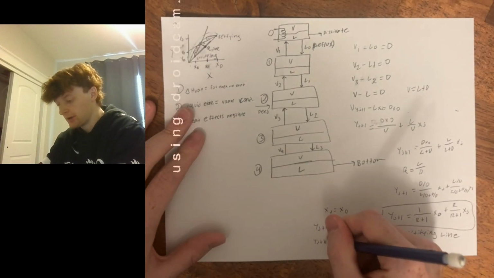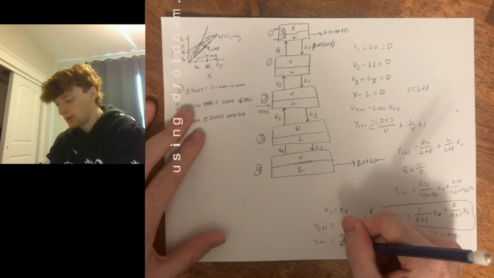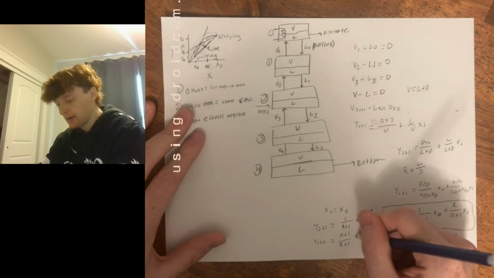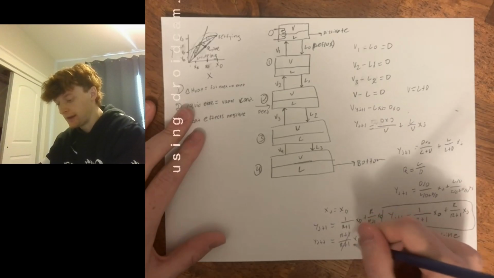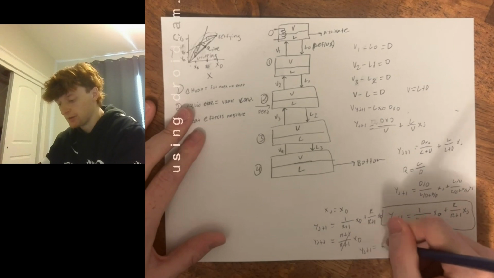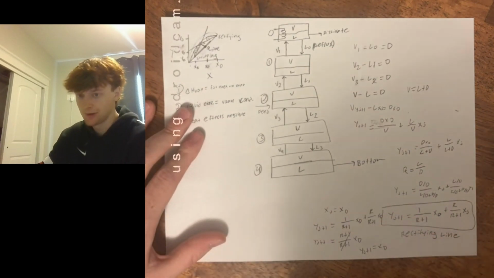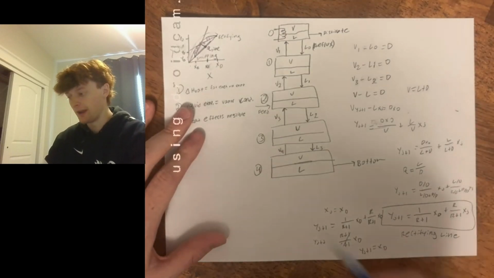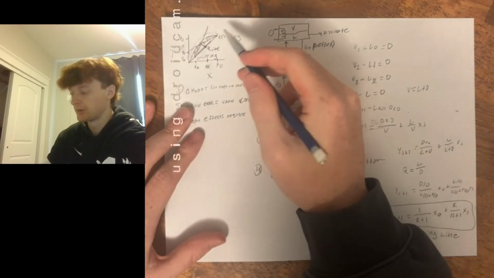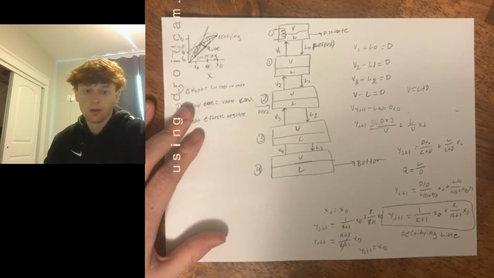Y_{j+1} is equal to R plus 1 over R plus 1 XD, and so this will cancel. We're left with Y_{j+1} equals XD. So we can see that our Y equals our X, which is our 45-degree line. And that is why our rectifying line will start on our 45-degree line.